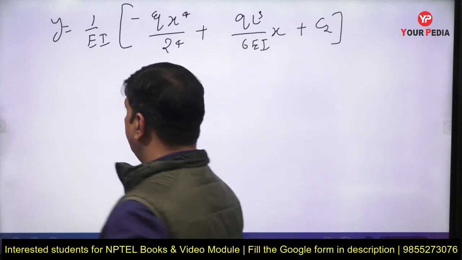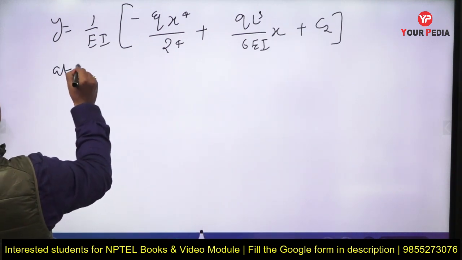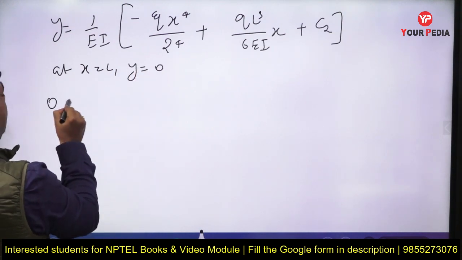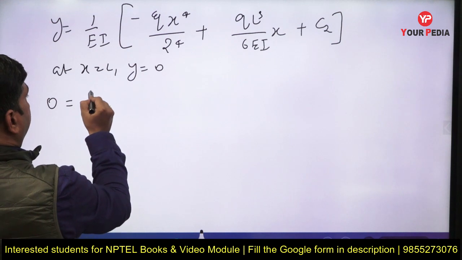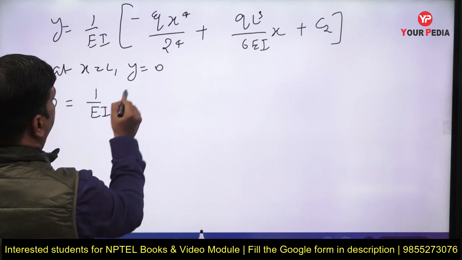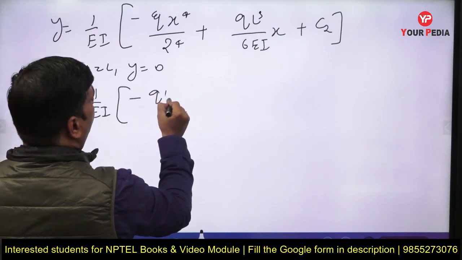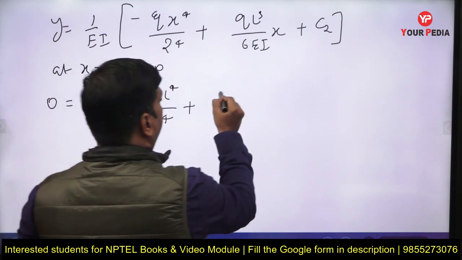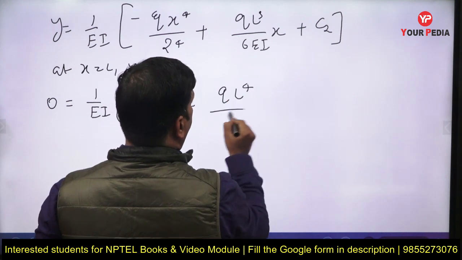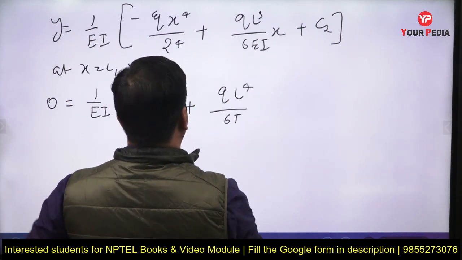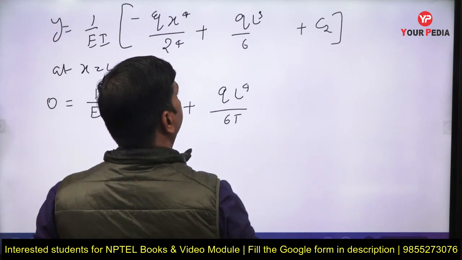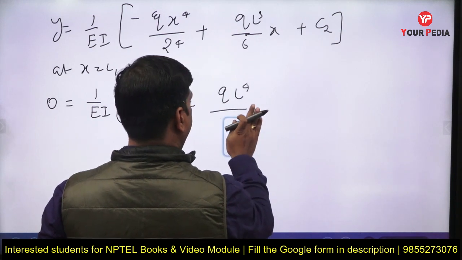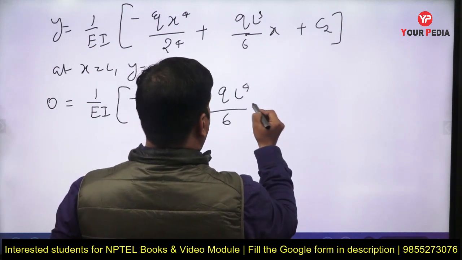So now again put the boundary condition at x equals L, y equals 0. So this becomes 0, or 1 upon EI times minus q L to the power 4 upon 24 plus q L to the power 4 upon 6. This EI is common.